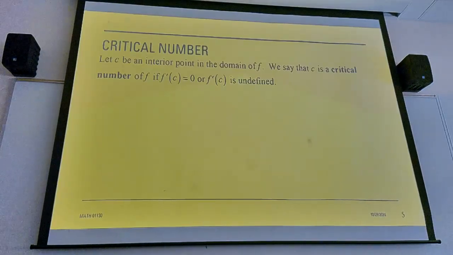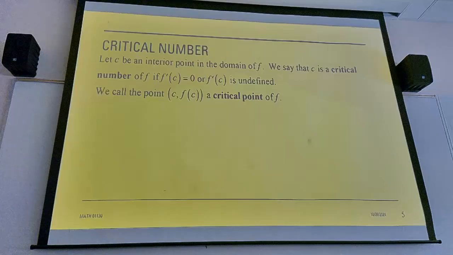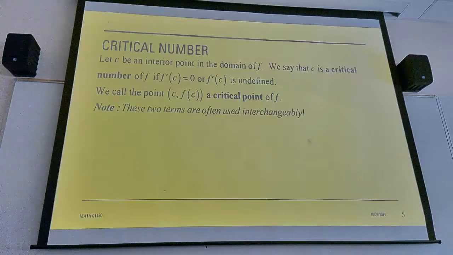So critical numbers are numbers that make the derivative equal to 0 or undefined. Then the point C, f of C, would be a critical point of f. And I will be using those interchangeably. I'll typically refer to them as critical points when I want the numbers.